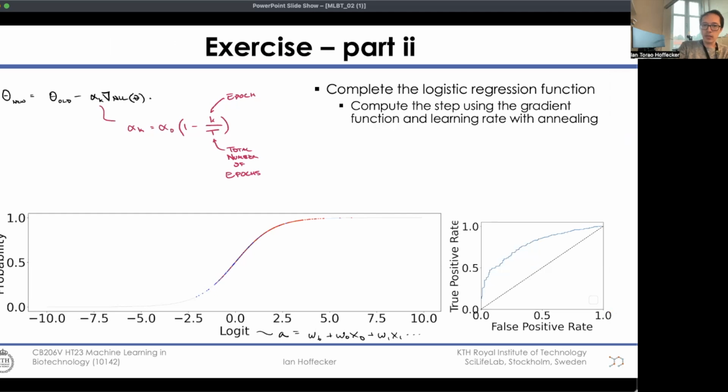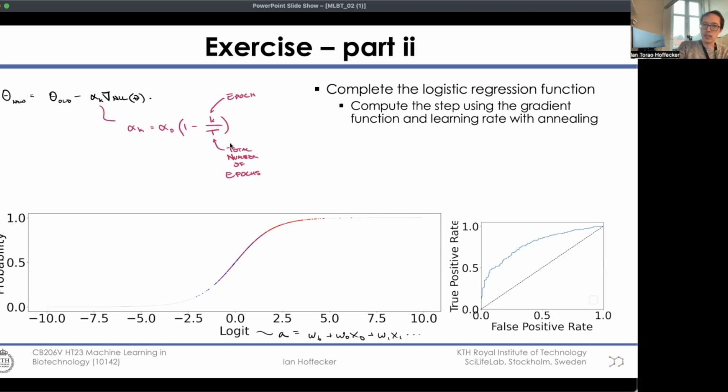This has already been completed, and our task is simply to perform the update. We have a set of parameters, and we want to get a new set of parameters by feeding in the gradient for the negative log likelihood and multiplying it with a step or a learning rate, which is supplied as a user supplied parameter or argument to this function.